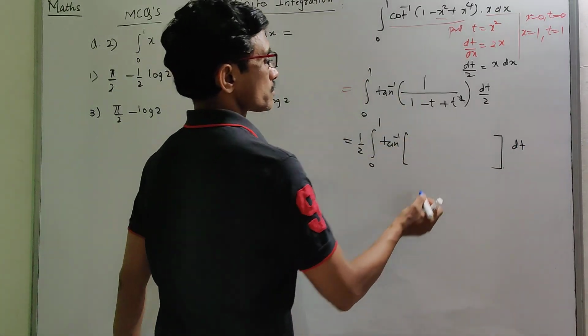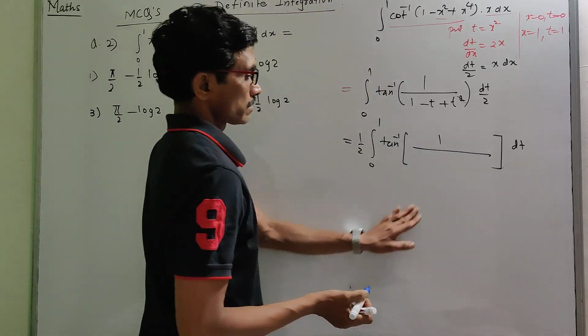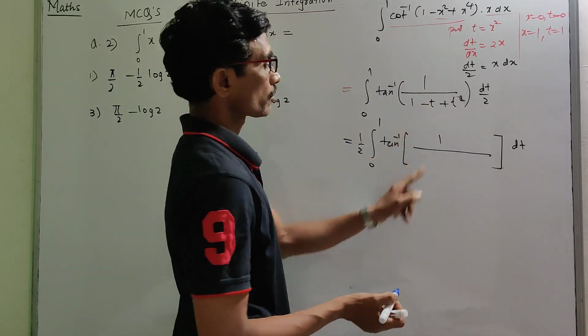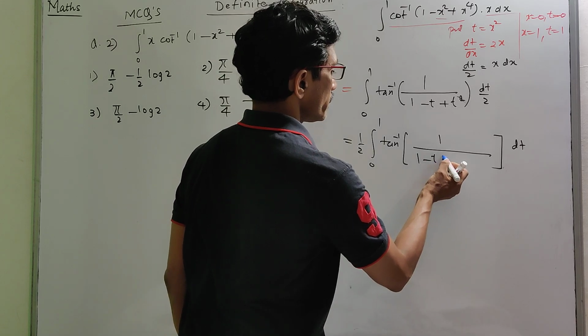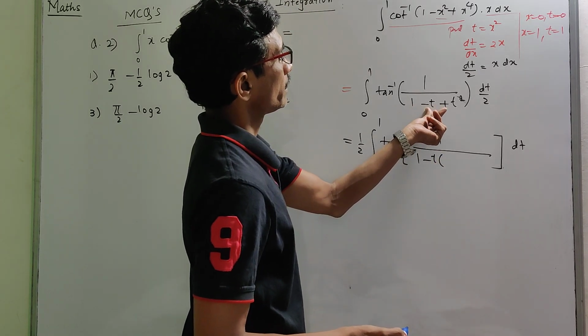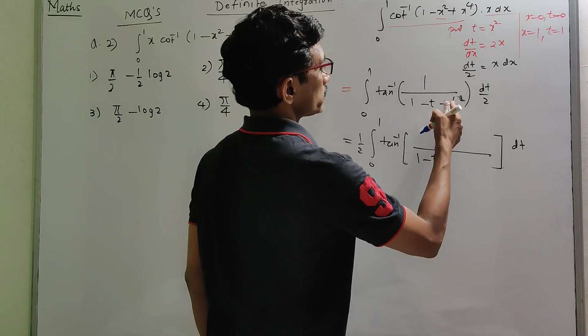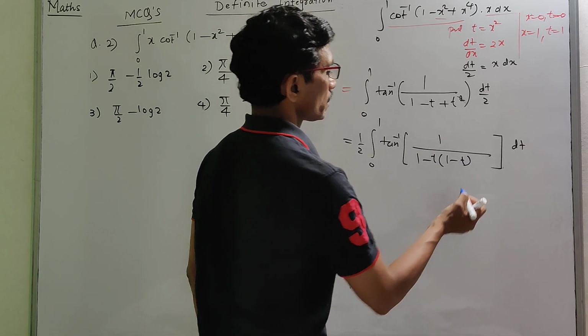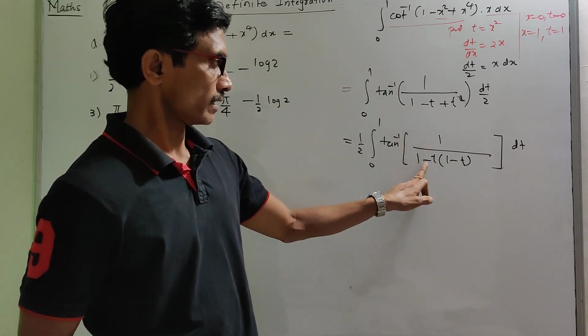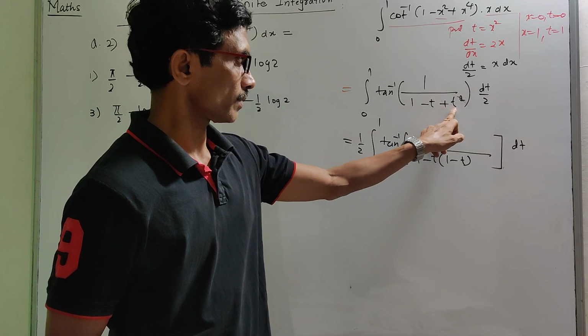This we can write as 1 upon, see here t we take common: 1 minus t plus t square, taking t common, gives t into (1 minus t), and this is 1 and minus t.